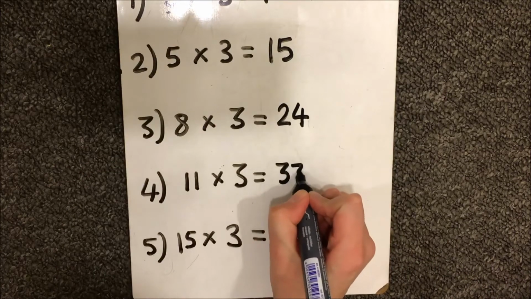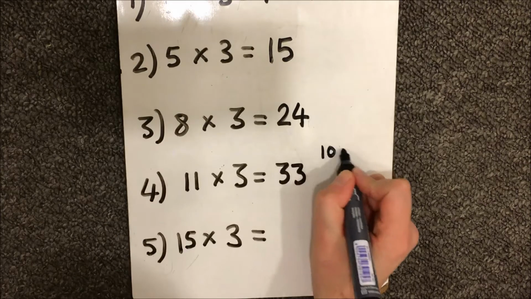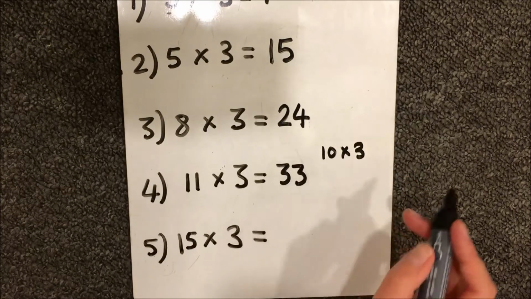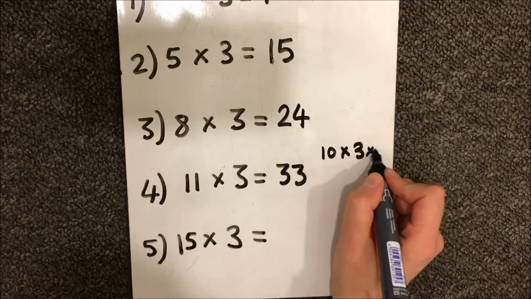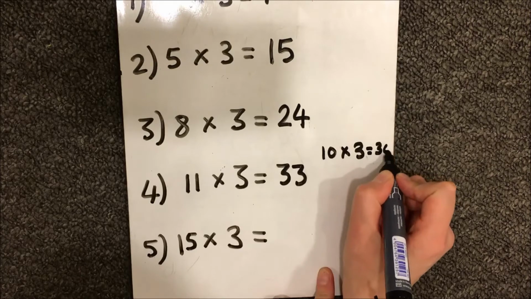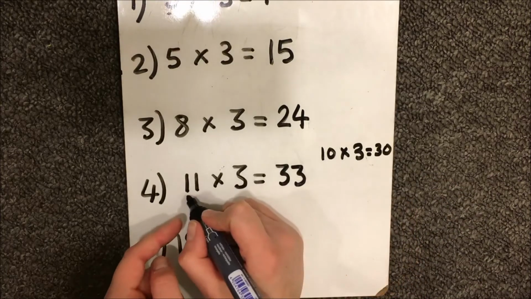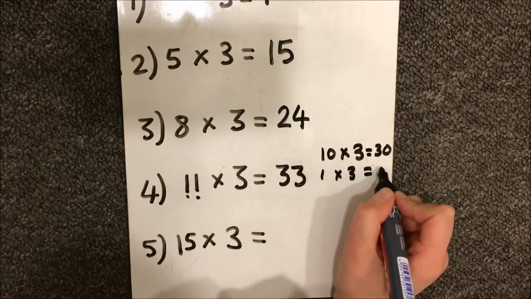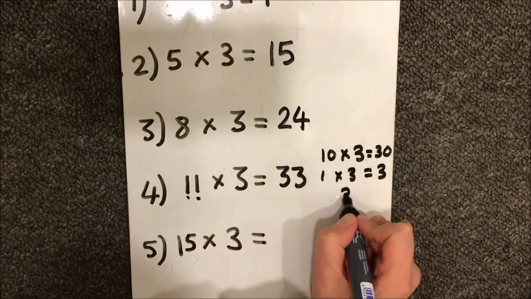Some of you, if you're confident with this, you might do 10 times 3. Remember, you could flip it round, so you could do 3 times 10. So you know that's the same as 30. And then you do 10 times 3. Then you do 1 times 3. So you know your answer is going to be 33.